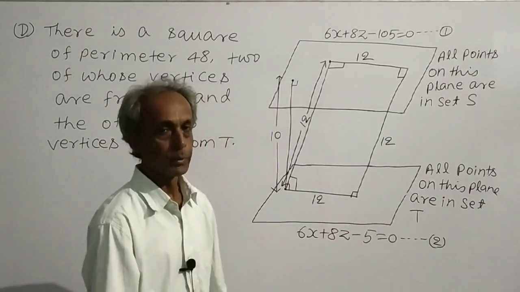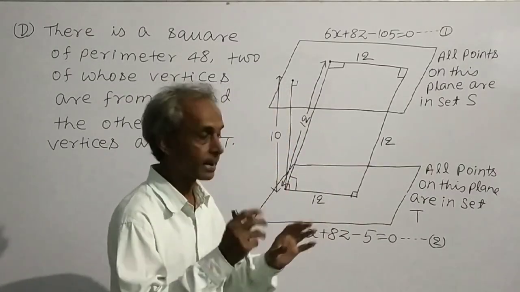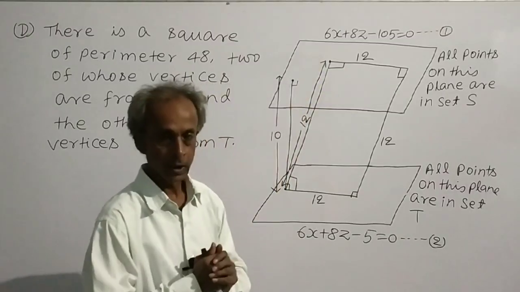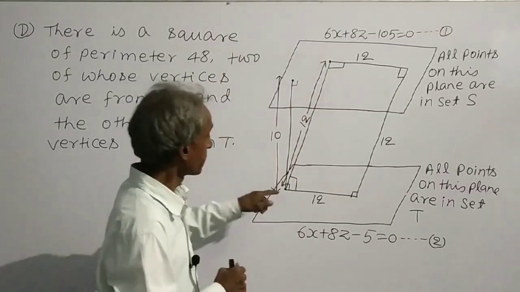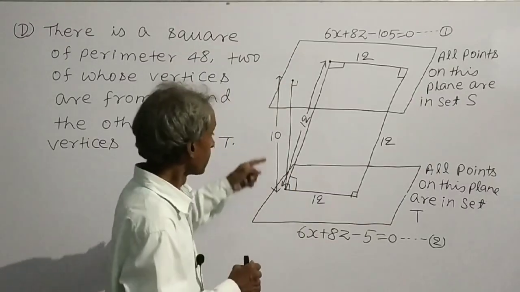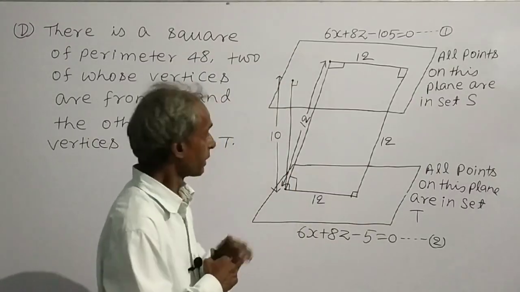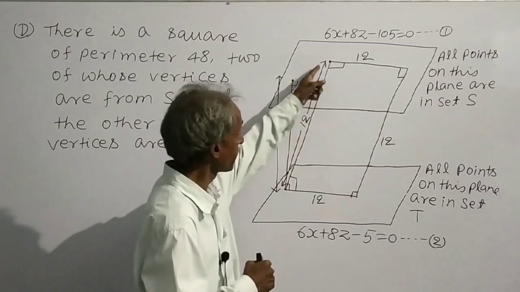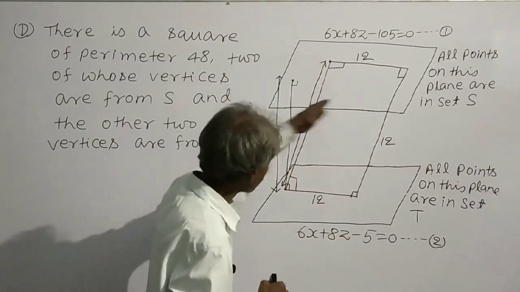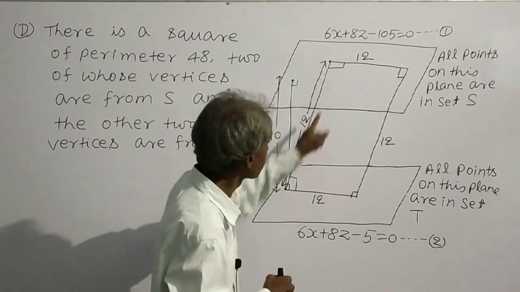Suppose we take a stick of length 12 units. Since the distance between these 2 parallel planes is 10 units, this stick will be inclined like this.